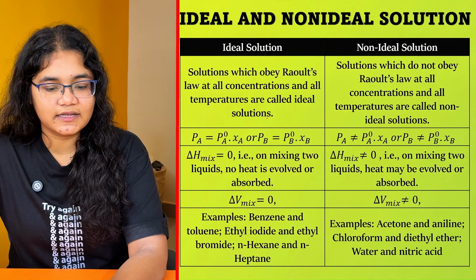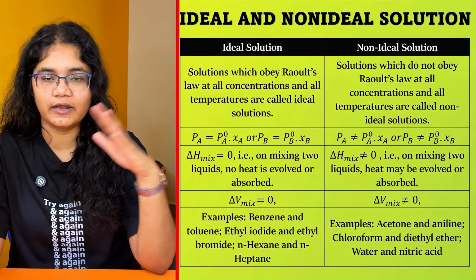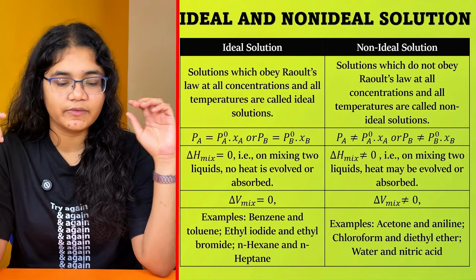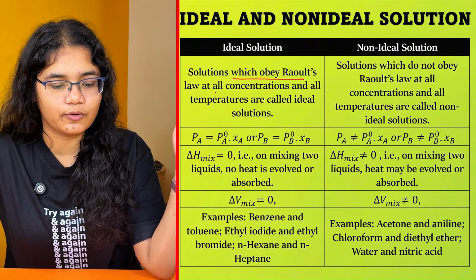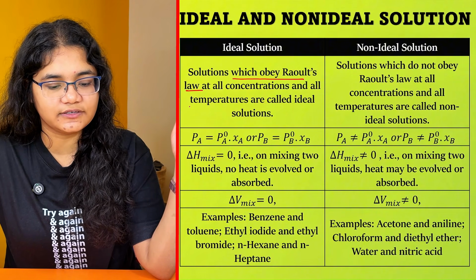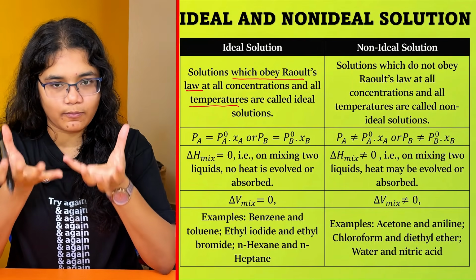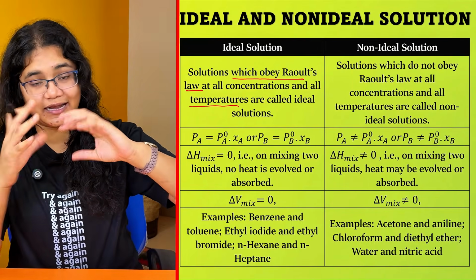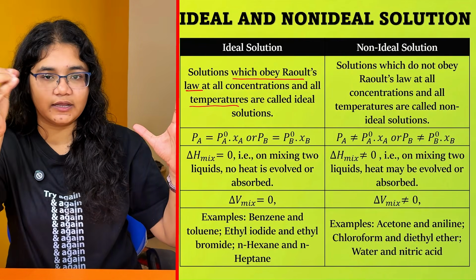Now let's discuss ideal solutions and non-ideal solutions. If you have understood Raoult's law, then what are these ideal and non-ideal solutions? The ideal solutions are those which obey Raoult's law at all concentrations and temperatures. Means if I have taken A and B two components, the total pressure that I am calculating by using Raoult's law and the total pressure that I am measuring will be equal.